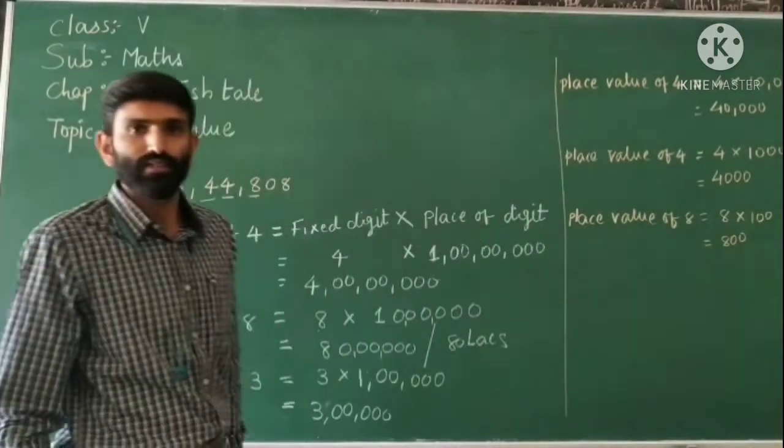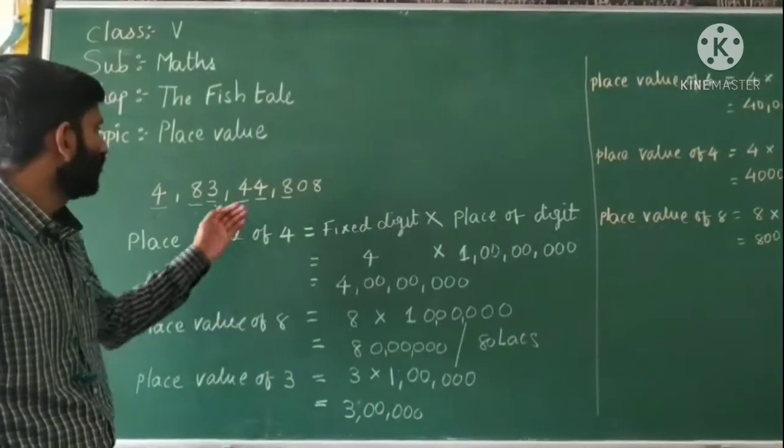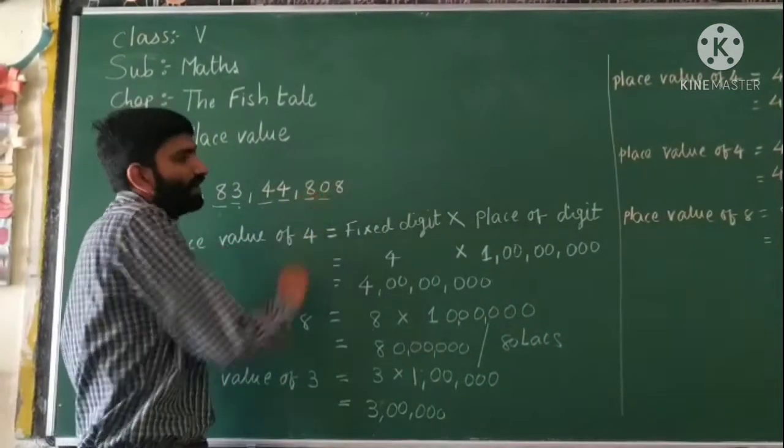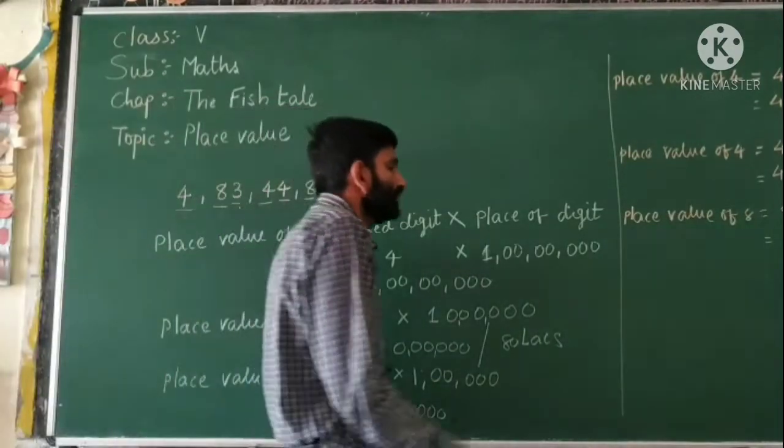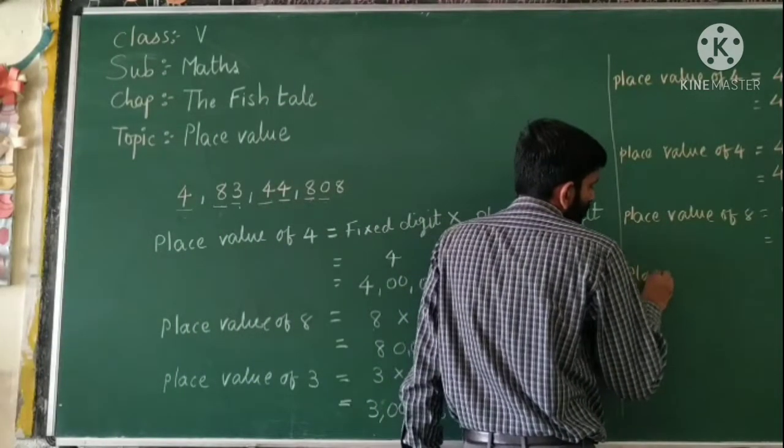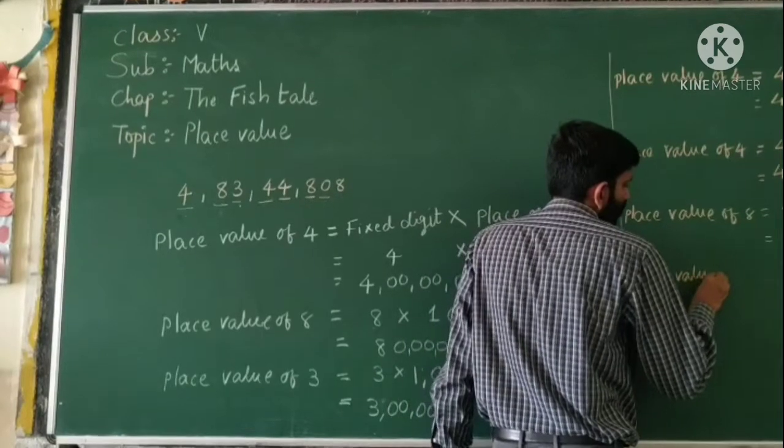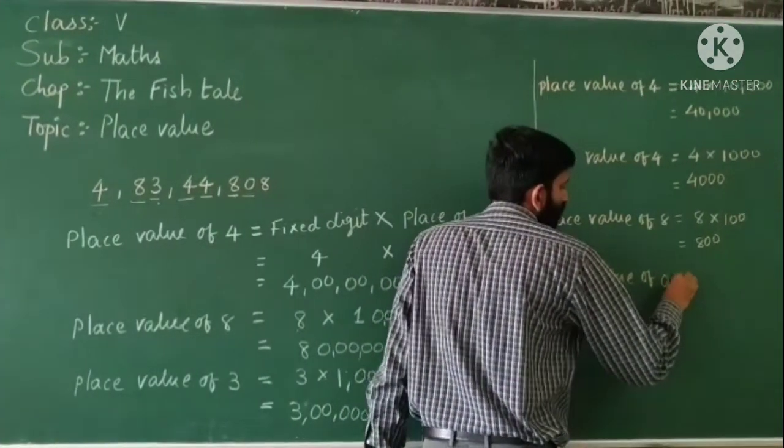Okay. So now we'll move on to the next right number, that is 0. See, place value of 0.